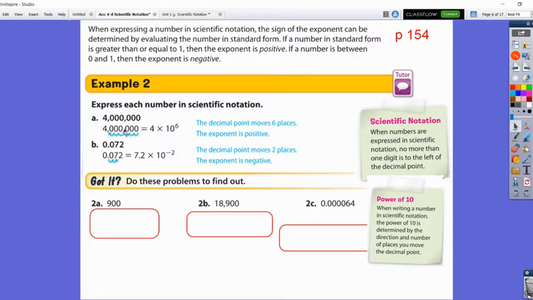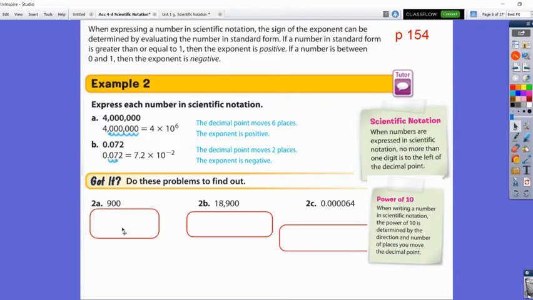You move it 6 places to get 4.0 or just 4. So it's 4 times 10 to the 6th. Large number, positive exponent. 0.072: I'm going to move the decimal point 2 places till I get a number between 1 and 10, 7.2. So it's 7.2 times 10 to the negative 2 because I moved it 2 places, and this is a small decimal number, so the power of 10 is negative.